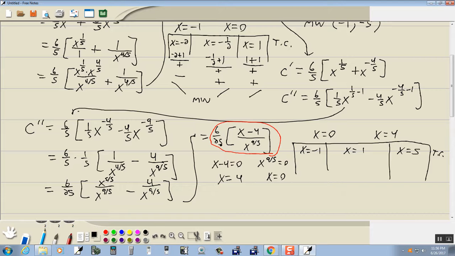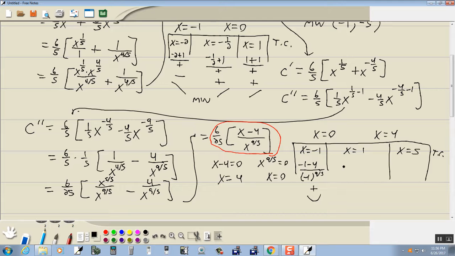First off, the 6 over 25 is positive. We don't need to worry about it. But if I plug negative 1 in, I got negative 1 minus 4 over negative 1 to the 9/5 power. Negative 1 minus 4 is negative 5, and if I put negative 1 to 9/5 in my calculator, I'd get a negative value. So negative divided by negative is positive, which means this is concave up.